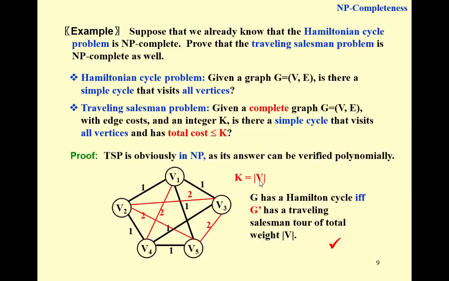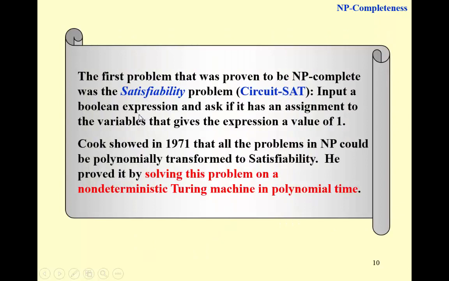So once we know that some problems are NPC, we can prove that some other NP problem is NPC by showing that an NPC problem can be polynomially reduced to this one. But there ought to be a first one to start with, right? So this is the first one.